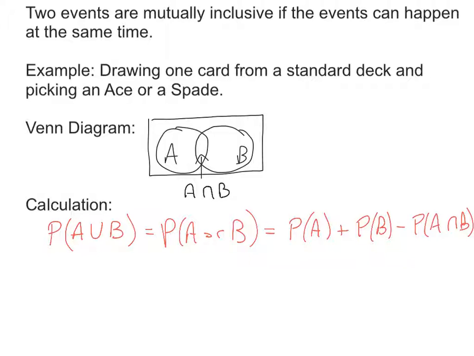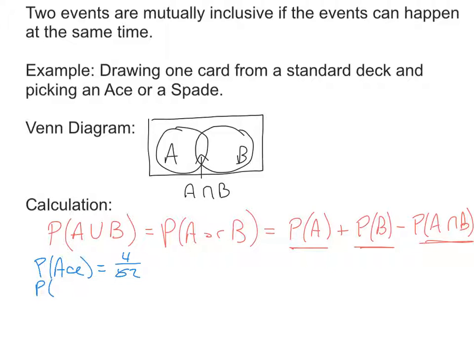If I consider the probability of A and add in the probability of B, I'm adding in the ones that occur in both A and B twice. So we need to take out that set of numbers to make it correct. So let's use my example from above. The probability that I draw an ace from a deck of cards is 4 out of 52.